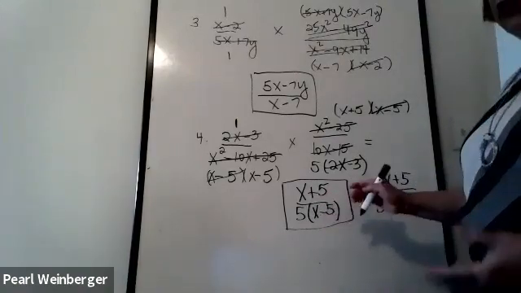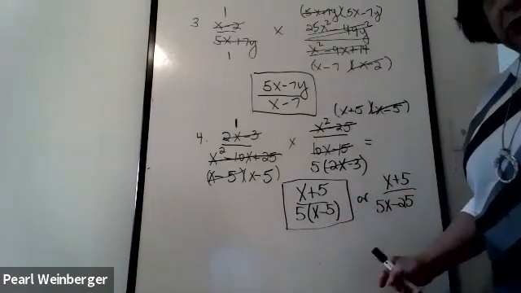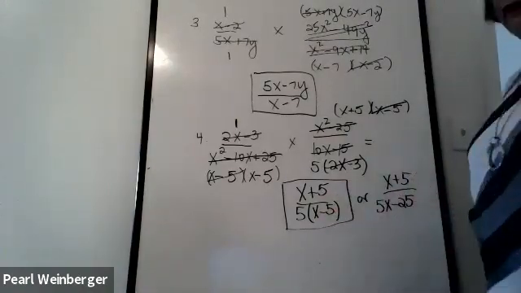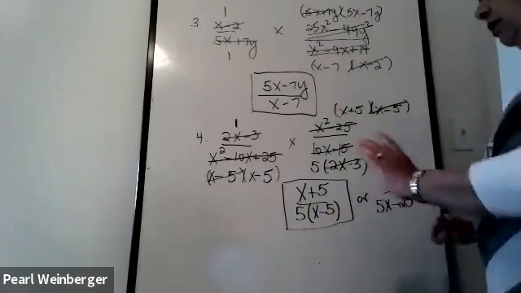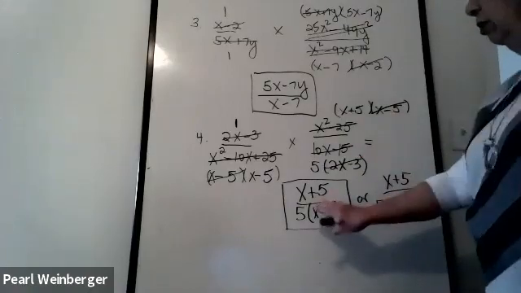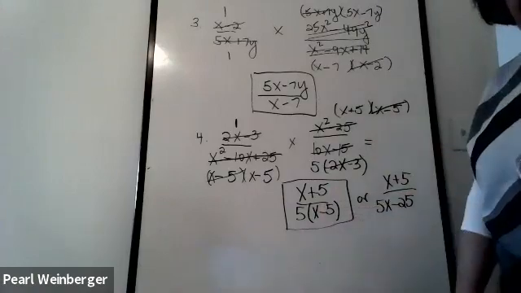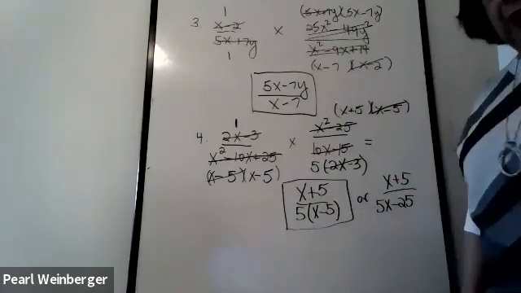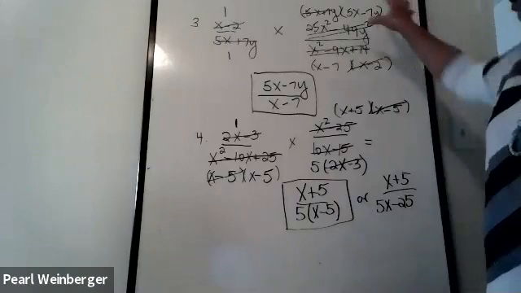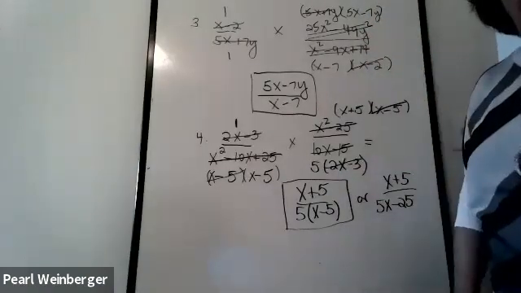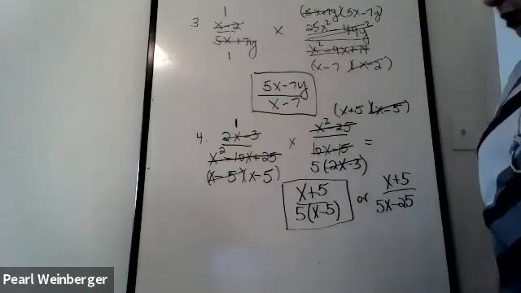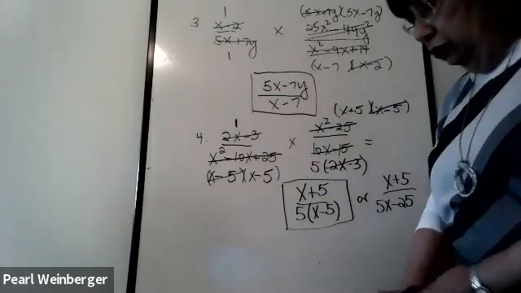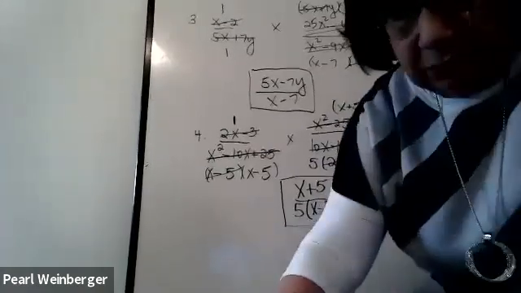And if you're looking at a multiple choice question, either answer might pop up and they wouldn't give you both. They would give you one or the other, but you should know that these are both correct versions of that answer. So that takes care of multiplication of rational expressions. The next two questions have to do with division.